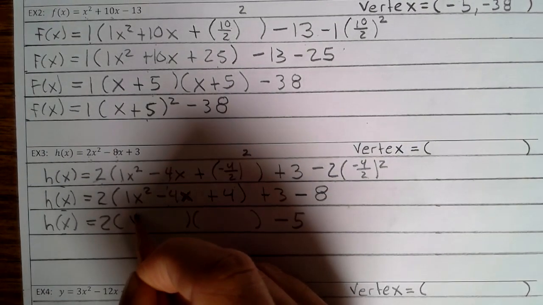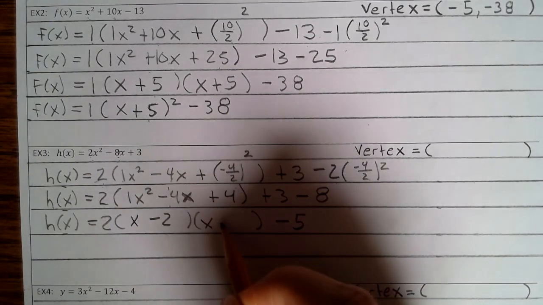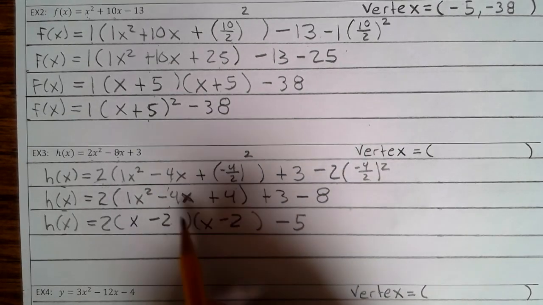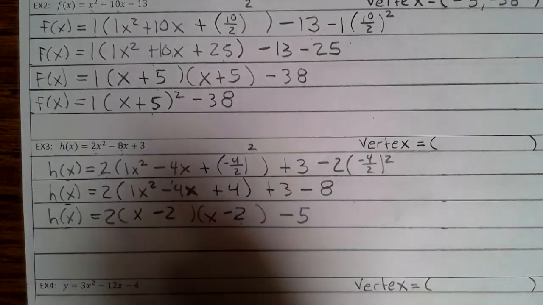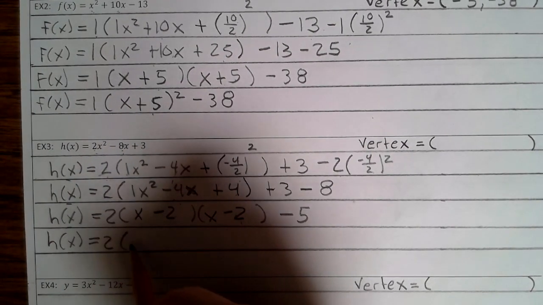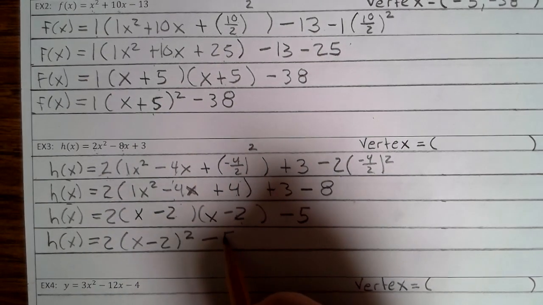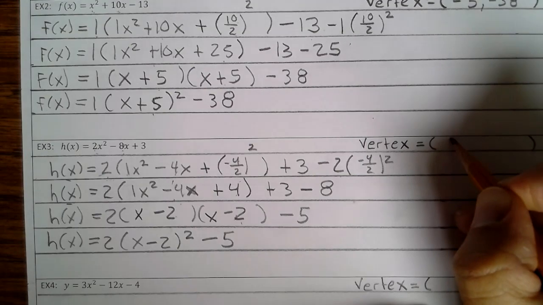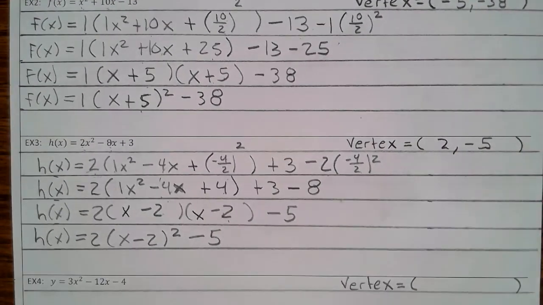We know x and x makes x squared. And then we already know the middle term is negative 2 because negative 4 divided by 2 is negative 2. And this works because negative 2 and negative 2 makes negative 4, and negative 2 times negative 2 is positive 4. So then h of x equals 2 parentheses x minus 2 squared minus 5. So the vertex is 2 comma negative 5. All right, go ahead and finish up example 3.